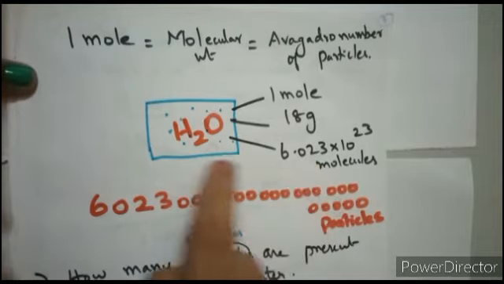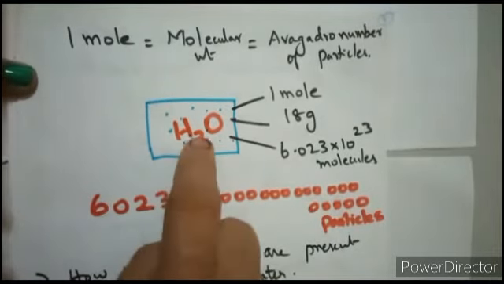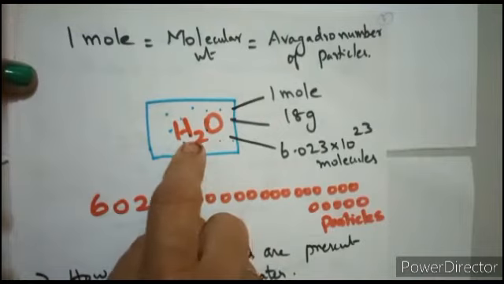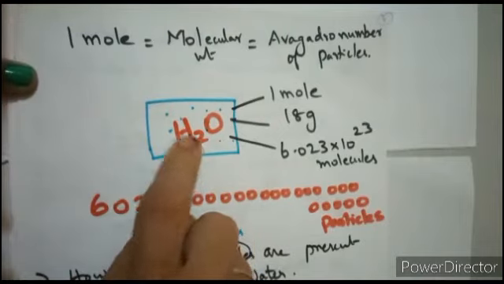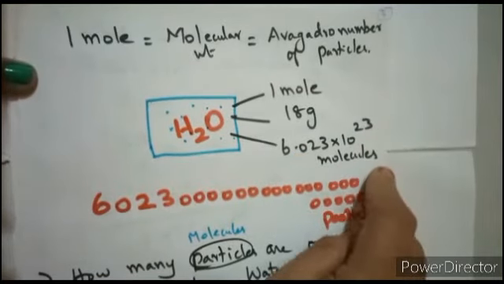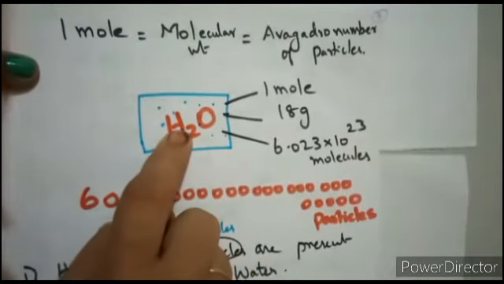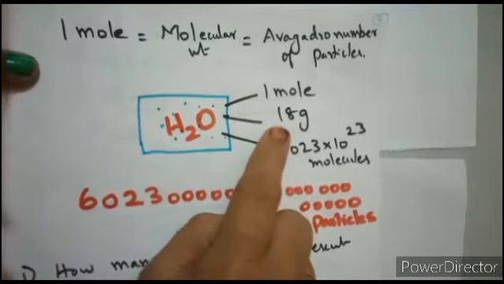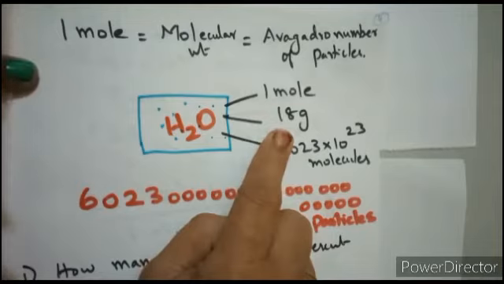So any small particle, one particle is so tiny, and there are 6.023 into 10 power 23 particles in 1 mole, that is 18 grams. That is 18 times the weight of hydrogen, that is 18 times 1.663 into 10 power minus 24 grams.